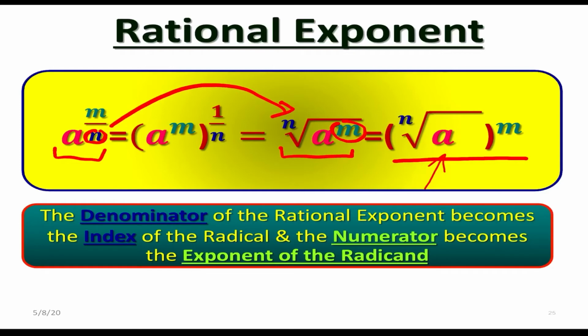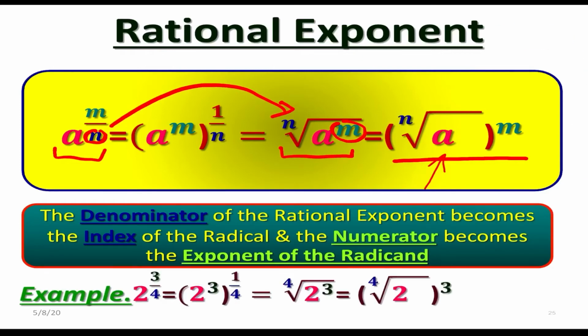It could also be any expression. It's not necessarily a number, it could be a variable or any expression. For example, say we have 2 to the 3/4 power, so it's the same thing as 2 cubed raised to a quarter power, according to the top formula.